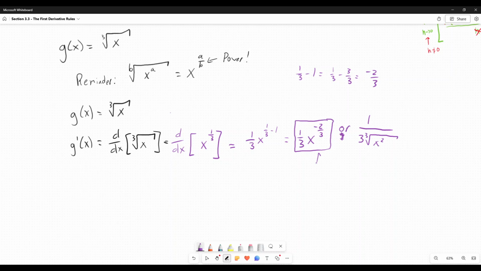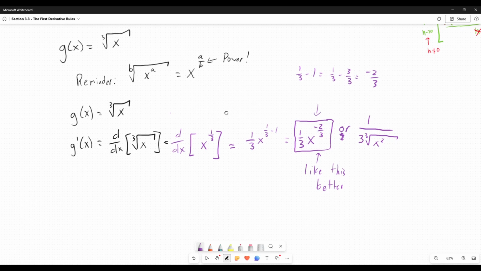But I will point out, I like this better. But I will say, this thing is equivalent to that thing. But ultimately, I think this is a better result.